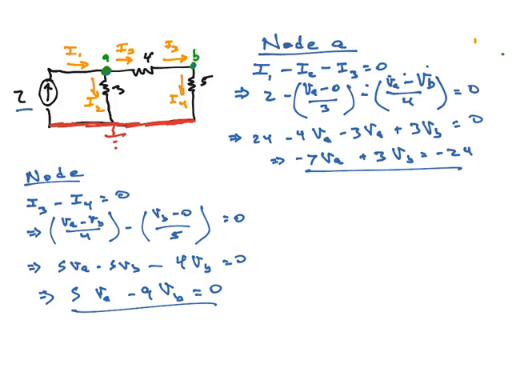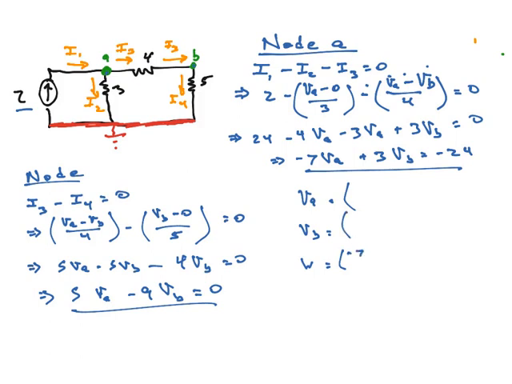Now what can I do? I've got two equations with two unknowns. I want to find VA and I want to find VB. I have multiple ways of doing it. I'm going to use Cramer's rule really quick. So let me make the three matrices, one for VA, one for VB, and one for W. So the W is the easiest.